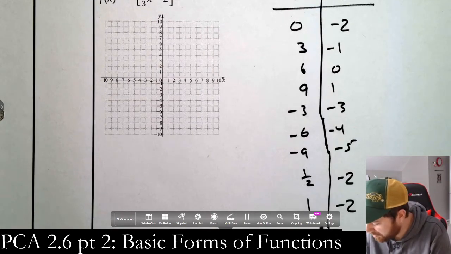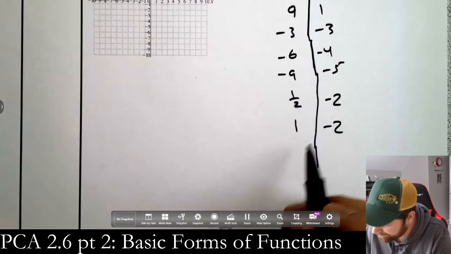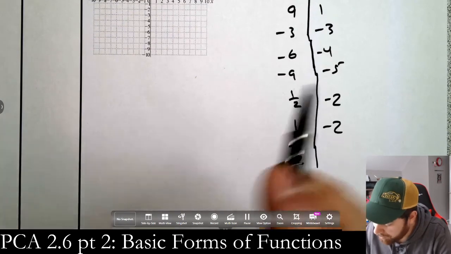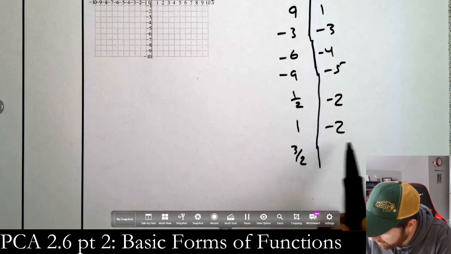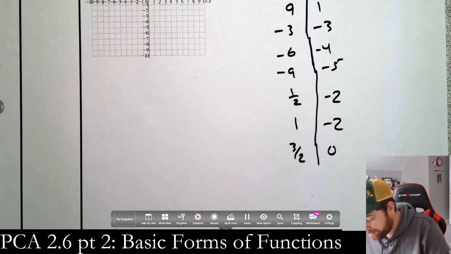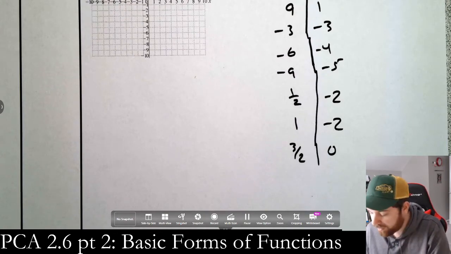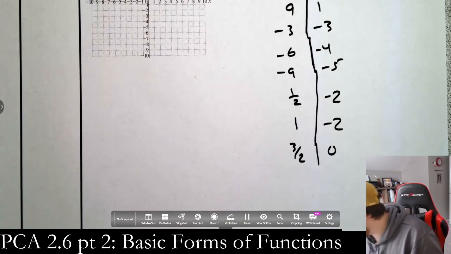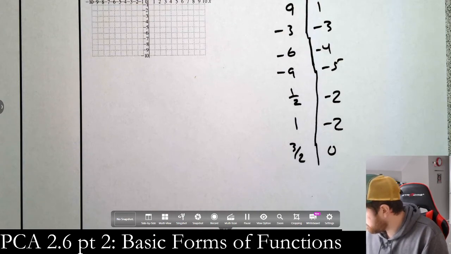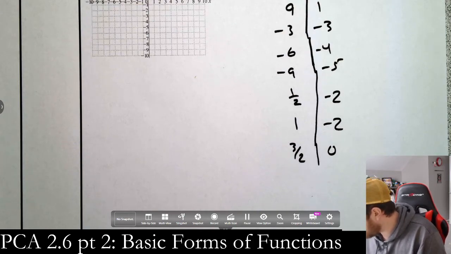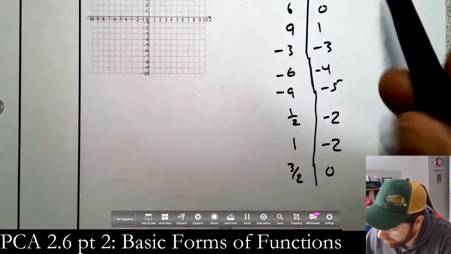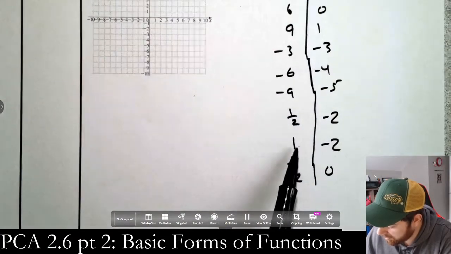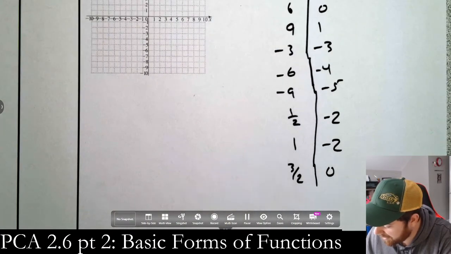Okay, let's plug in 1.5 as well. So 3 halves. I plug in 3 halves, and I get 2 minus 2, which is 0. So at that point, it's changed, right? So it looks like it indicates that we end up with kind of a picture that looks to be from 0 up to 1, we have the same thing.